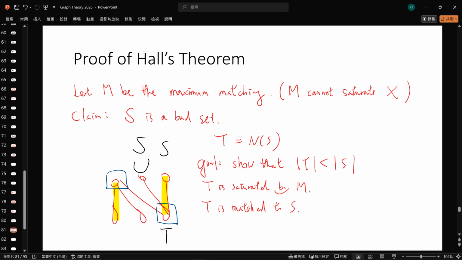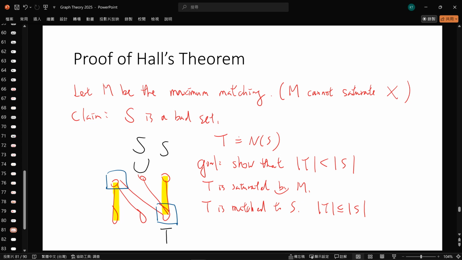Okay? So this already tells you that the size of T cannot be greater than the size of S, because for every vertex in T, you can use the matching edge to reach a vertex in S. But we are not finished yet, because we want to prove that the size of T is strictly less than the size of S. So we need one more observation, because according to this argument, it may be the case that T and S have the same size.